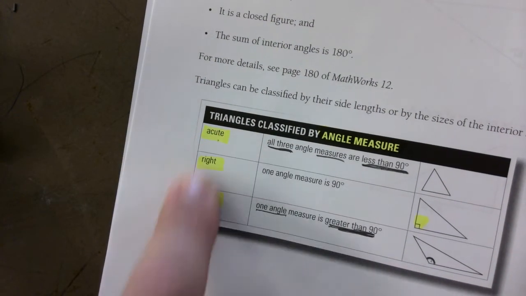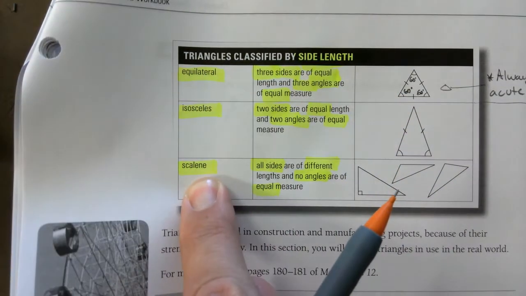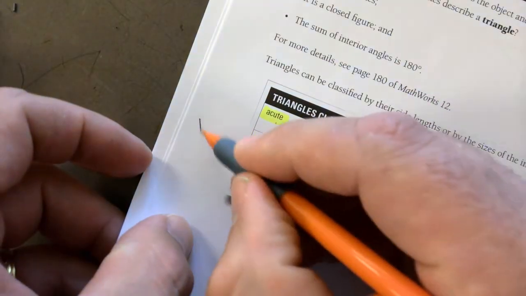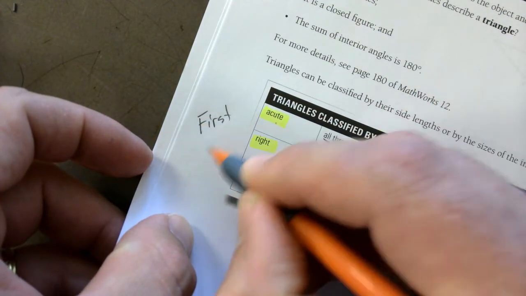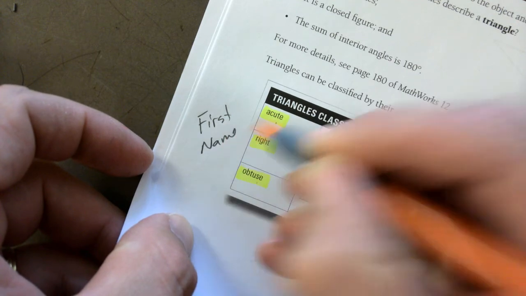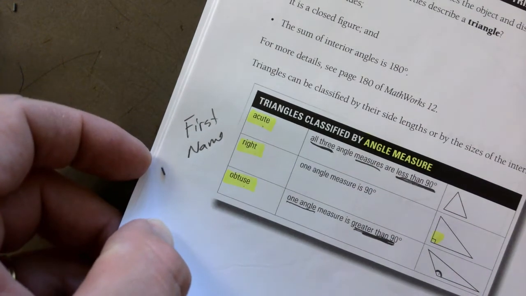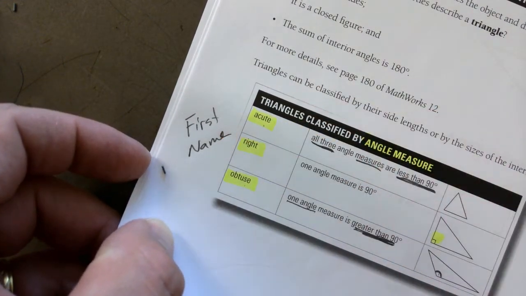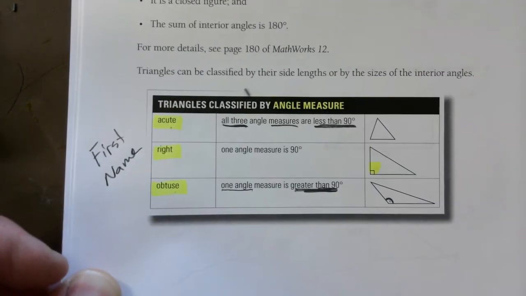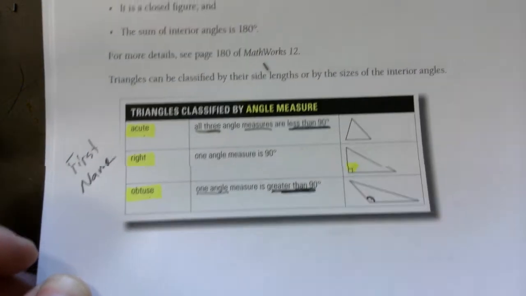You pick one of these for the first name and one of these for the last name. So how about we do that? First name. This is on page 179. This is the first name. And the other chart is the last name.